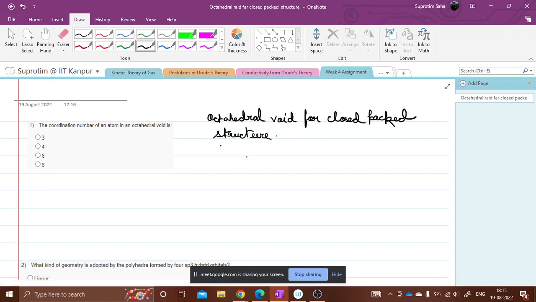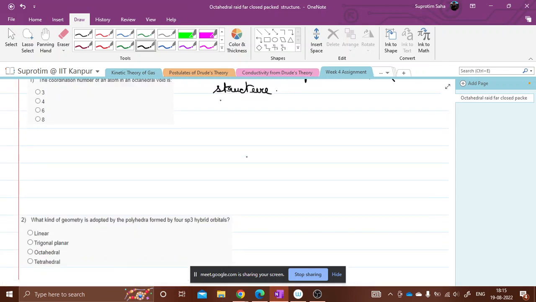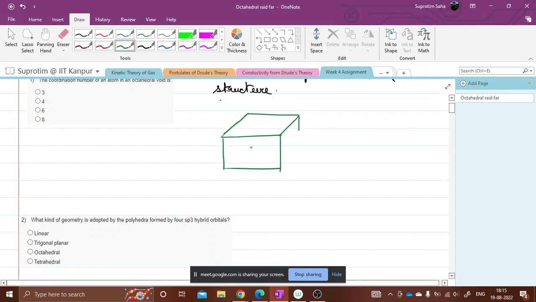So let us draw a face-centered cubic. When you are talking about crystal structures, the drawings are very important. So you draw a cube. Now you place the atoms. For face-centered, there will be atoms at the corners, and also atoms at the faces.